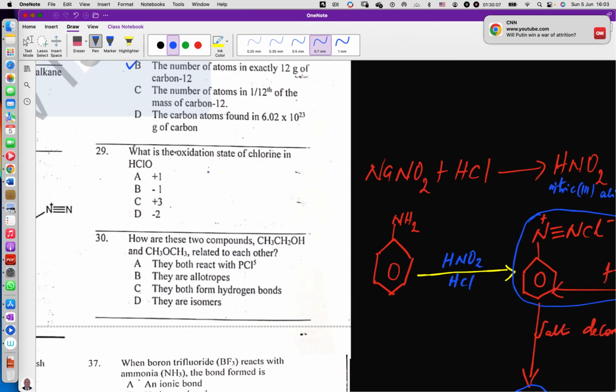So we will say H Cl O equals 0. Remember that hydrogen is always plus 1. We don't know chlorine, so let me say chlorine is equal to X. Oxygen is always negative 2.